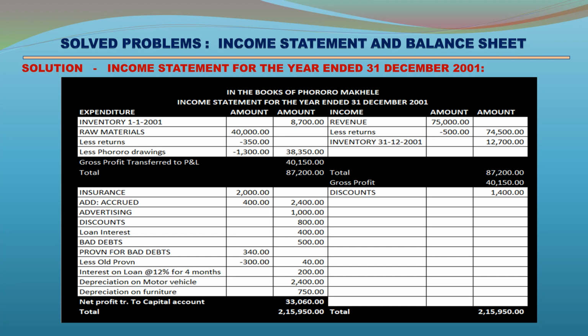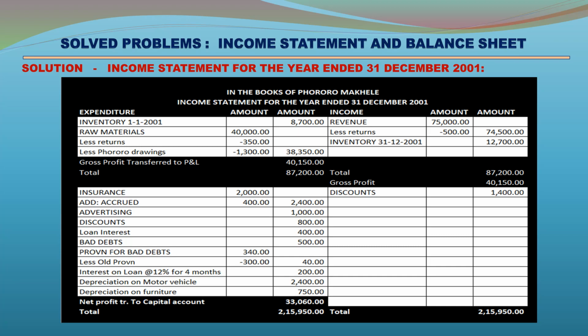On the credit side, revenue 75,000, less returns 500, net revenue 74,500. Inventory 31st December 2001 12,700. Total revenue including inventory is 87,200. When we balance the account, there is a gross profit of 40,150 transferred to profit and loss account.